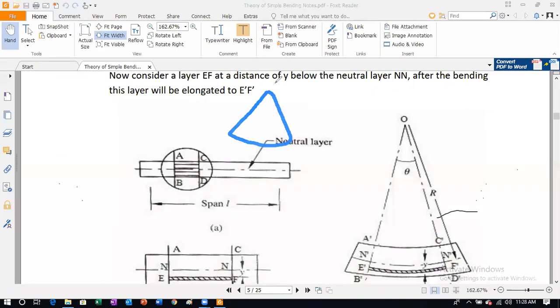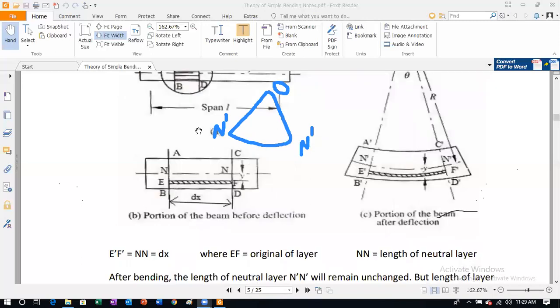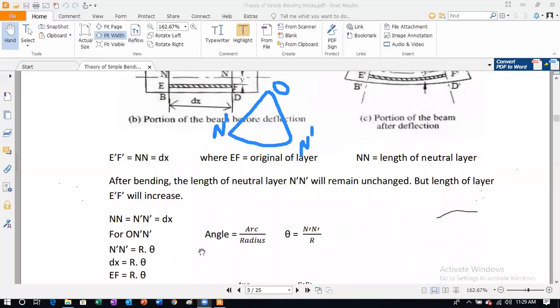That is your point O, and this is the arc N dash, with angle theta.